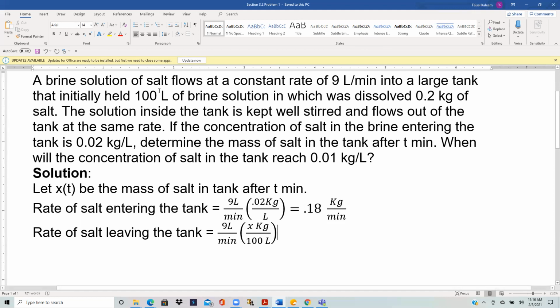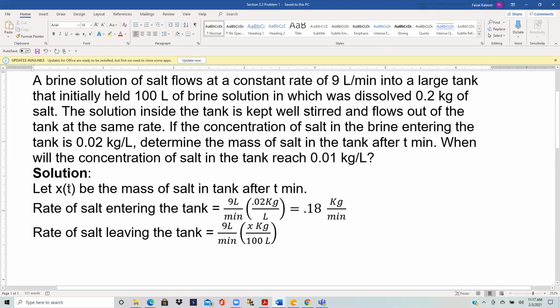So the solution of salt enters at 9 liters per minute, and the solution flows out at the same rate, so the outflow rate is also 9 liters per minute. But now they don't directly give us the concentration of the salt like they gave us for the inflow. For the inflow, they gave us 0.02 kilogram per liter. For the outflow, they don't give us directly.